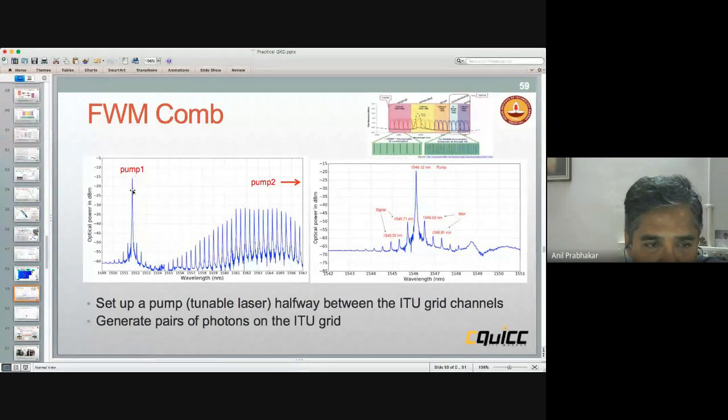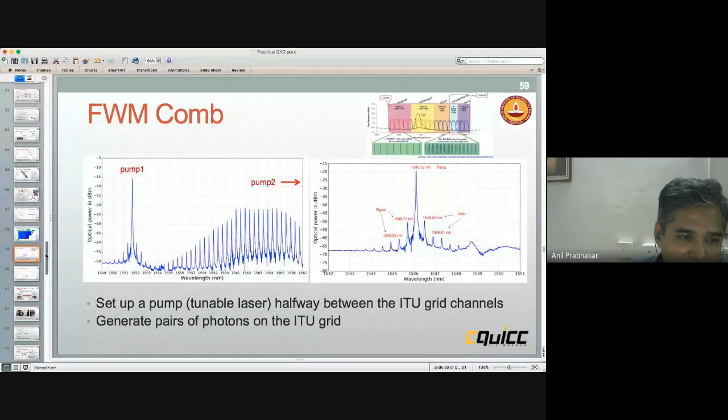One pump is out here around 1551, and the other pump is actually a comb line, a series of combs. And when they talk to each other, they generate photons also on a comb. This comb is useful because each of these wavelengths is now actually on the ITU grid. So if it's on the ITU grid, then you can set up those experiments like Cambridge did, which is to say, okay, you can set it up and send different photons to different people and build networks.